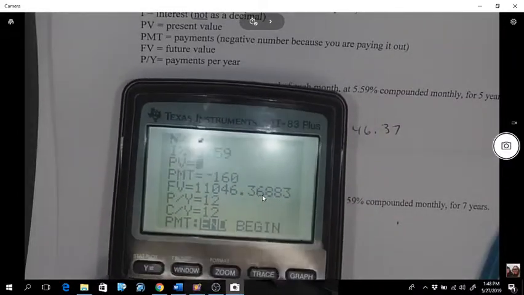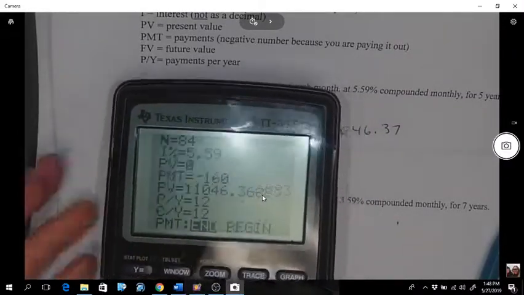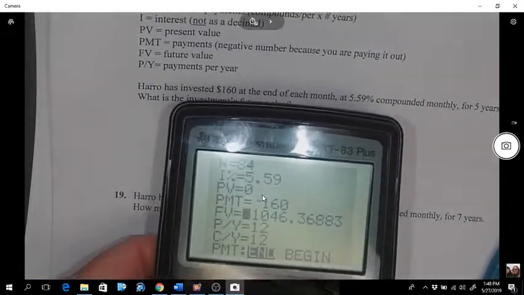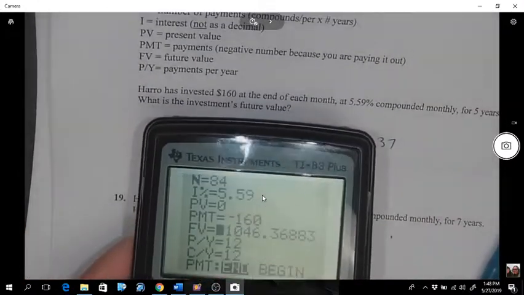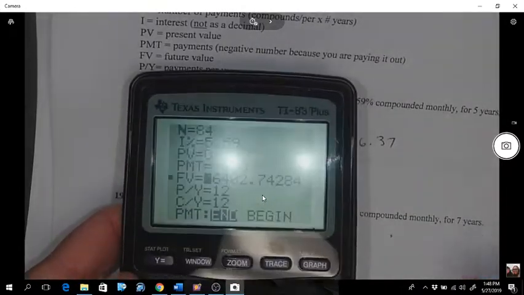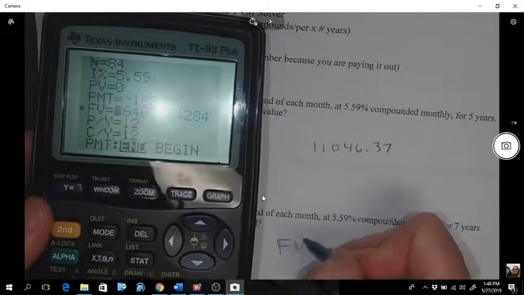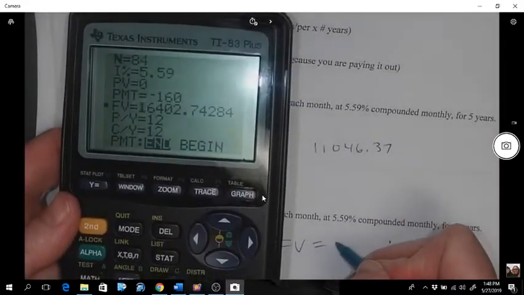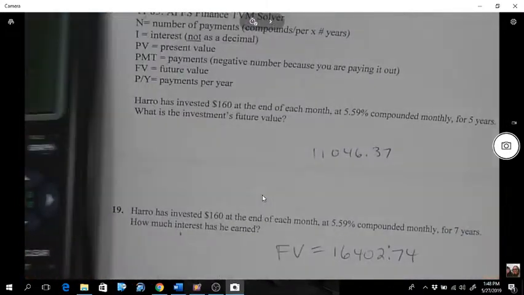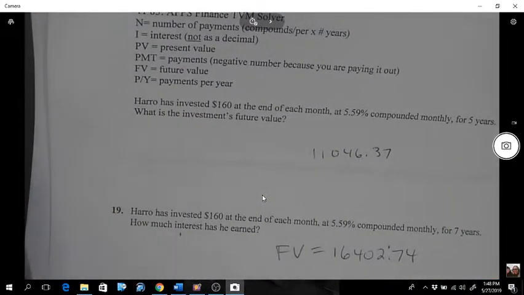Same interest rate, starting at $0. Payments per month is 160. Monthly, still got that on 12. So I want to know the future value, so I'm going to go second solve. And we get 16,402.74.